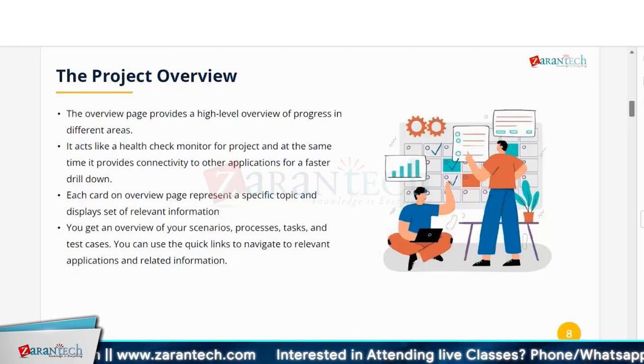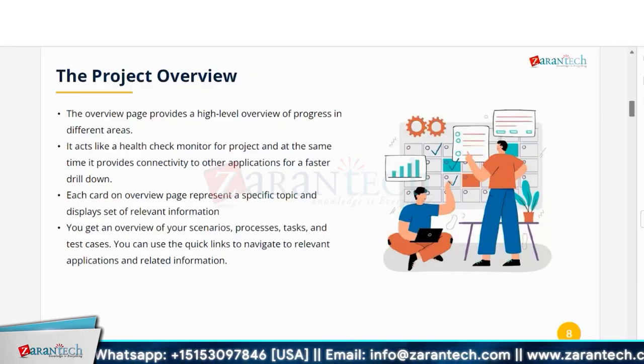Basically, it gives you a single pane view of whatever is going on in your project, at the level of requirements or different kinds of tasks. Where are we with the requirements, the user stories, the test cases, the test plan? How many tasks are there? So requirements, tasks, features.